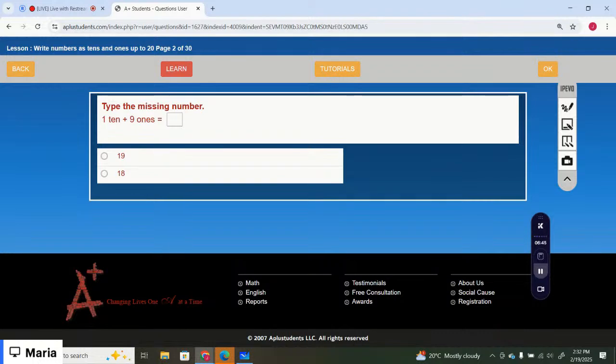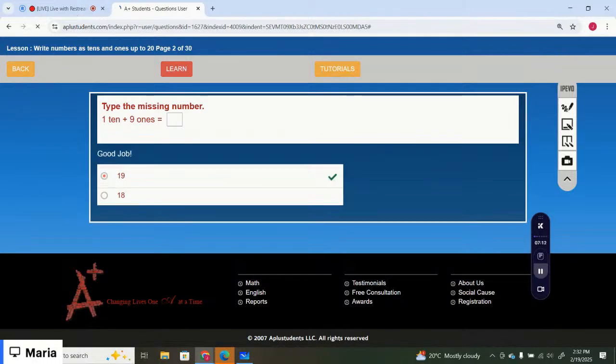So which is the correct option? 10 and 9 ones makes 19. Option number 1 is the correct option.